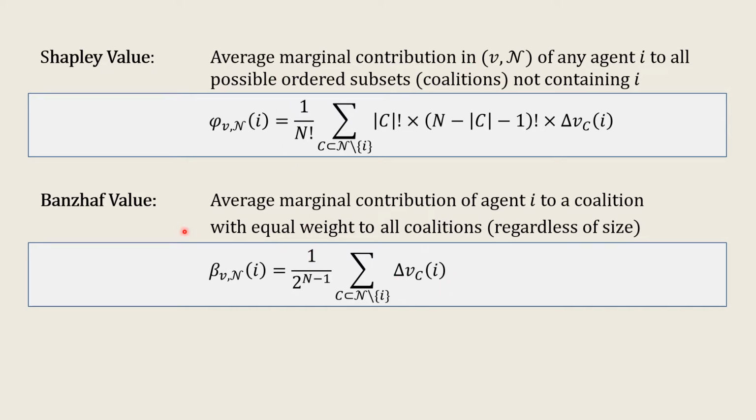The Banzhaf value is simply the average marginal contribution of an agent to a coalition, and all coalitions are given equal weightage, so that beta i, the Banzhaf value of i, is 1 over 2 to the n minus 1 of the summation over all coalitions, not ordered coalitions, just coalitions now, of delta v(C, i), the marginal contribution.